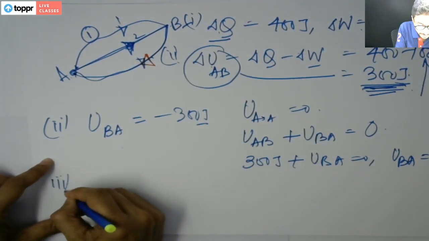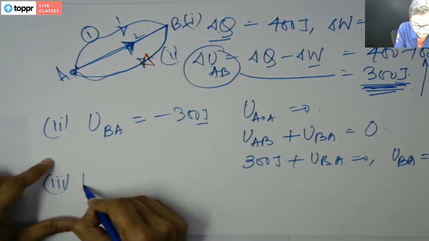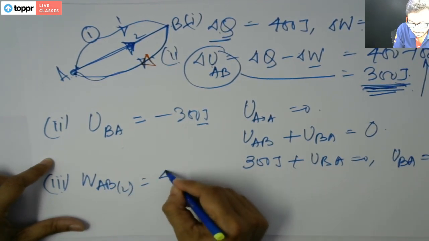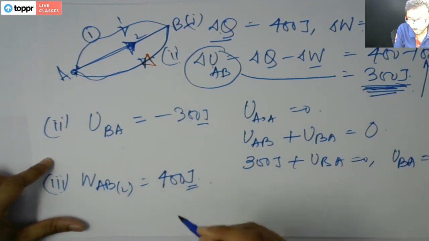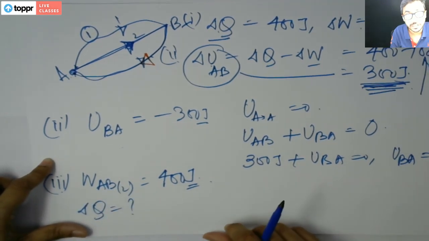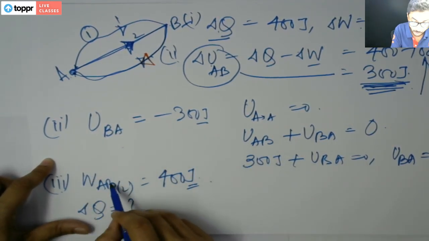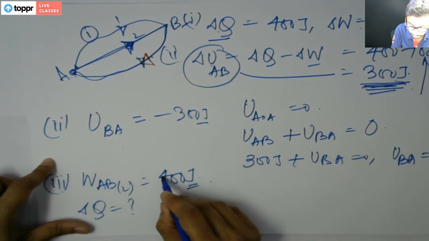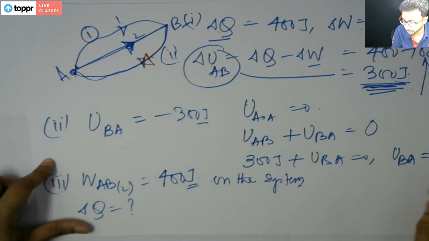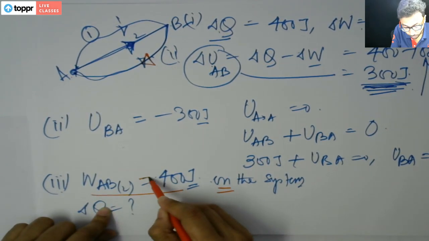Now the third question is, in a different path, say path 2, the work done W is 400 joules. Now what is the heat change? See, if it is specified that work is done on the system, then this cannot be 400.